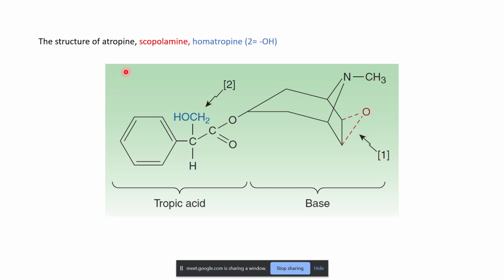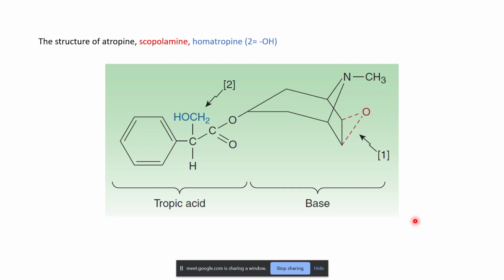Commercially available atropine is usually a mixture of the isomers, and the isomers have different potency. The left isomer is more potent than the right isomer.